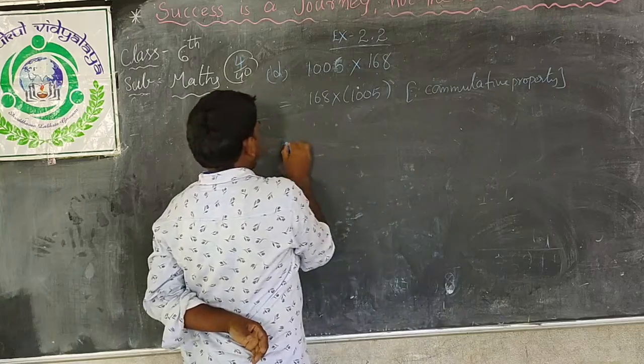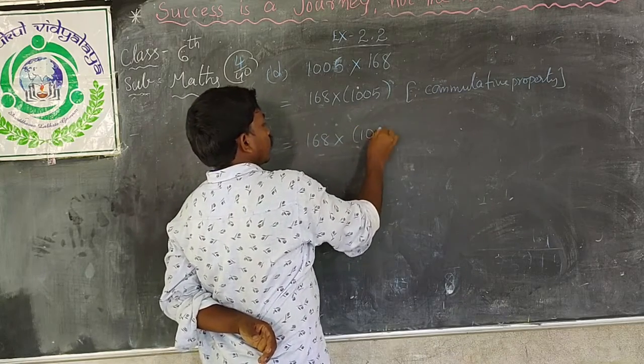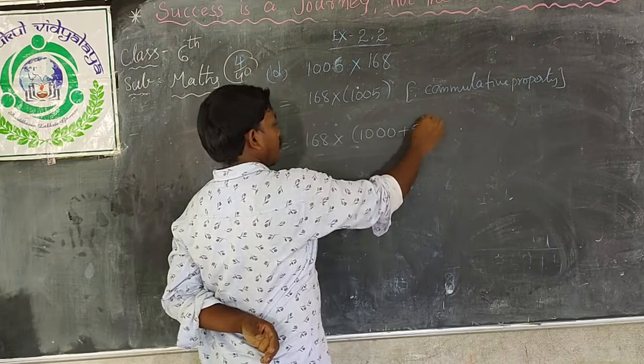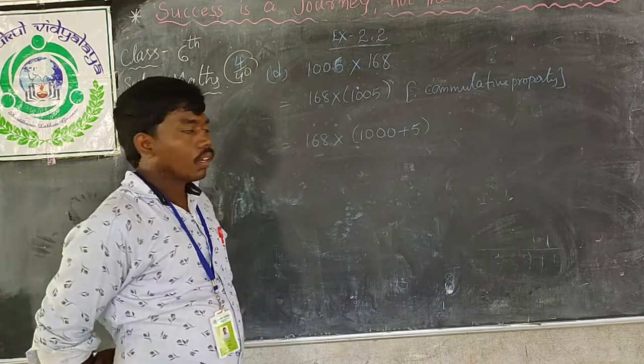Okay, next one. 168 into, this is written as 1000 plus 5. Is it right? 1000 plus 5, 1005, na? Okay.